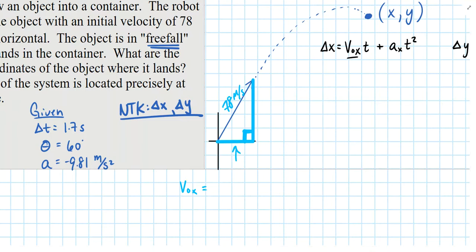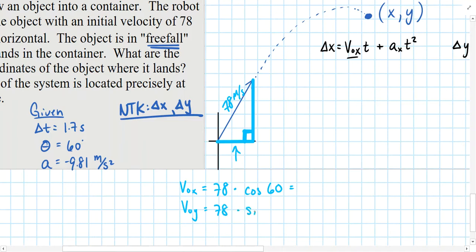And I suppose we forgot to locate that or supply that in our given information, but that's true. So we've got 78 meters per second times cosine of our angle measure, 60. And then the velocity in our y direction initially is 78 meters per second times sine of 60 degrees.